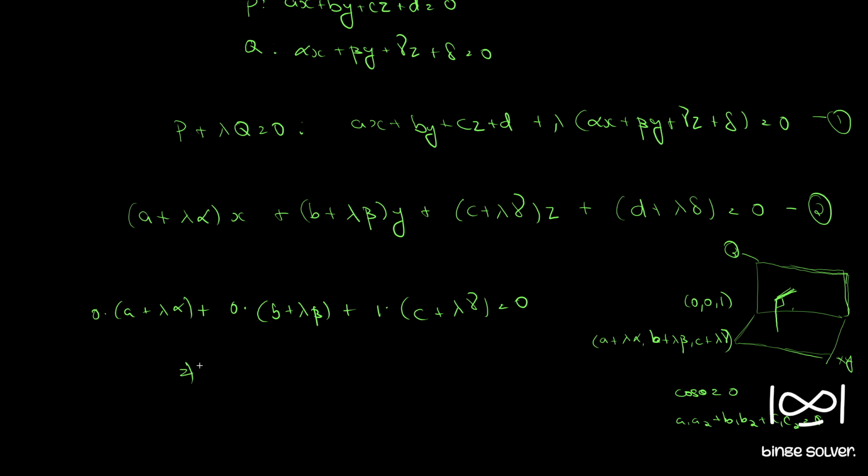If you simplify this, we get lambda equal to minus c by gamma. So we got our lambda.